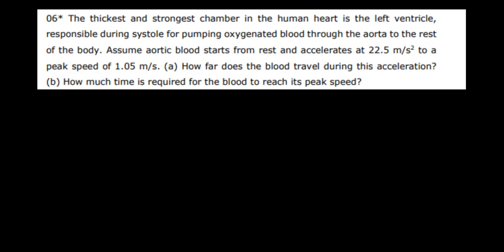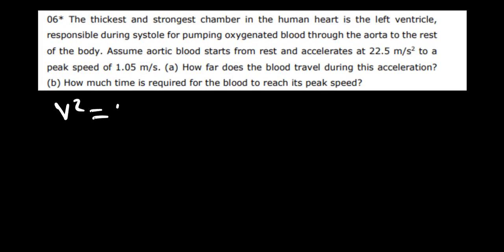Okay, so v squared is equal to u squared plus 2as, right? They've told you it starts from rest. So if it starts from rest, your u is what? Your u is 0.